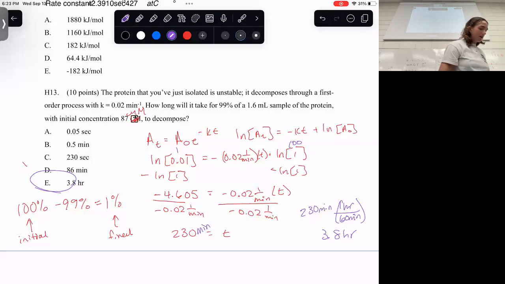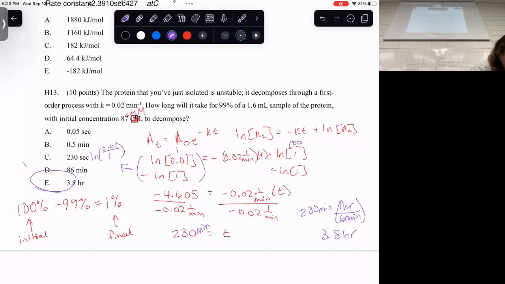I did the ln of 0.01 divided by 1. So this here comes ln 0.01 over 1. It's log math here again.